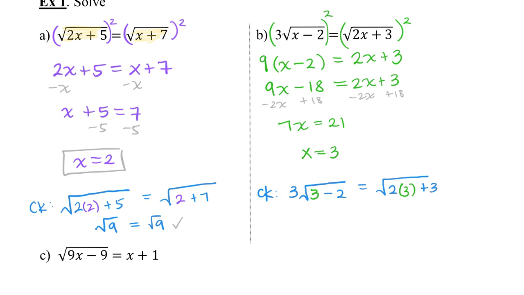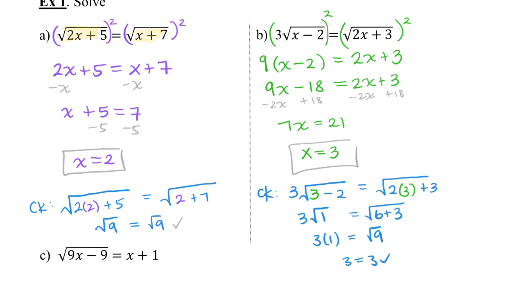And I'm just going far enough to figure out that this worked. 3 times the square root of 1 equals the square root of 6 plus 3. What is 3 times 1? It's the square root of 9. Yeah, that works. So my x equals 3 is a valid answer, and I'm going to move on.